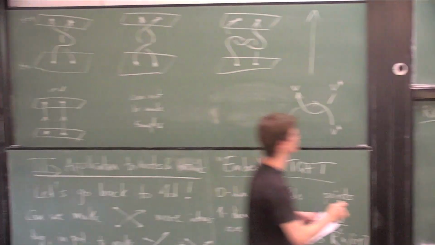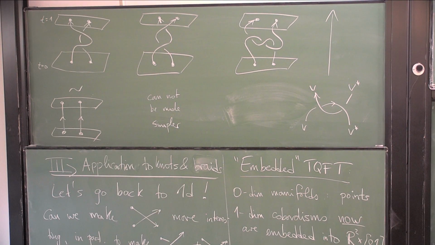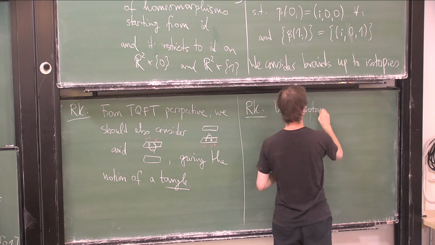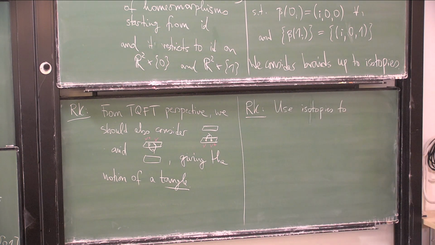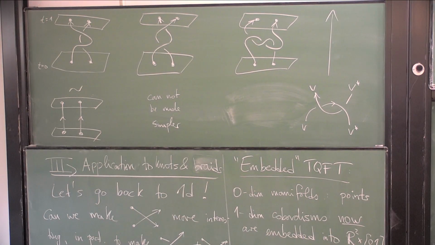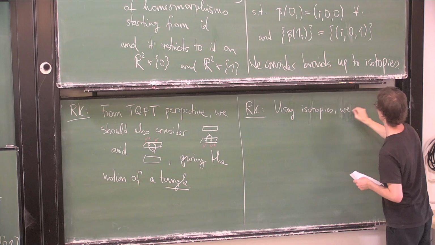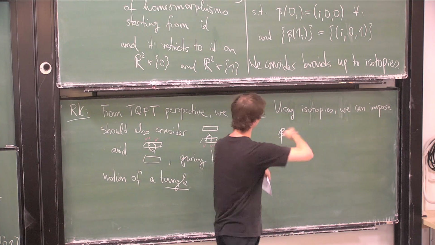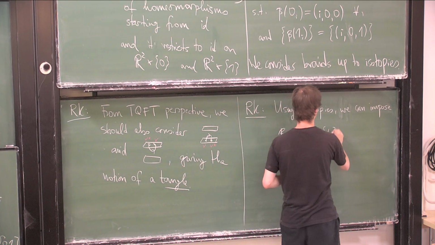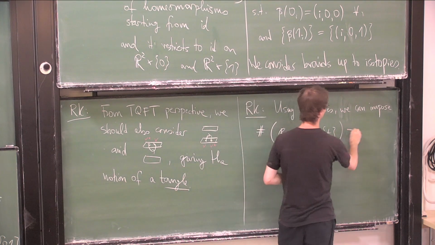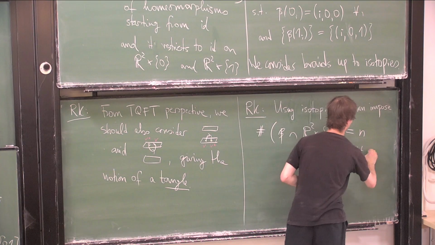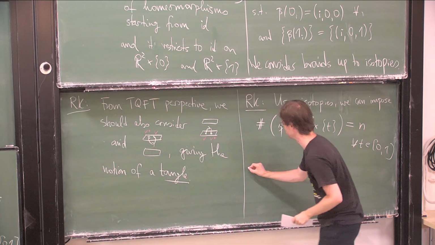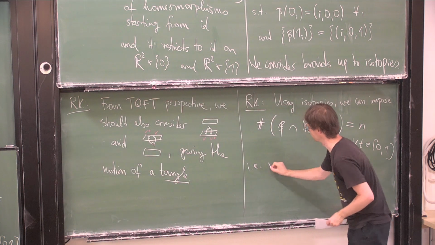Okay, now I wanted to make the remark on what Kim was saying. The remark is that we can use isotopies to impose that the intersection between beta and any plane R2 cross T, the number of intersections, is equal to M for all T. So this literally means that no strand can return.